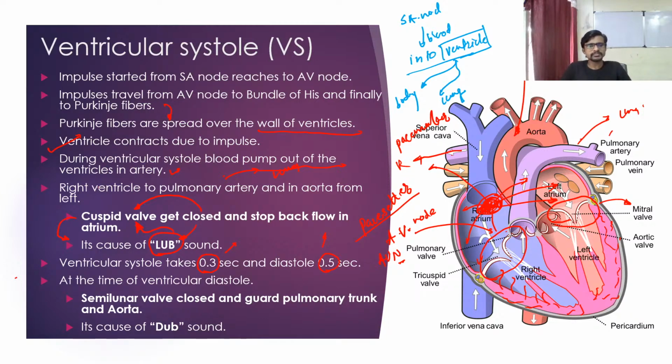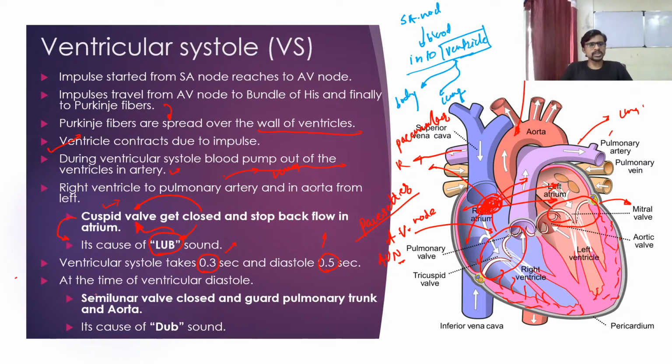Okay, at the time of ventricular diastole, I have written diastole here because I want to add the line about the dub sound. Otherwise, it is difficult to understand why the dub sound is there. So we know the lub sound is because the cuspid valve gets closed when the signal moves from the AV node toward the wall of a ventricle.